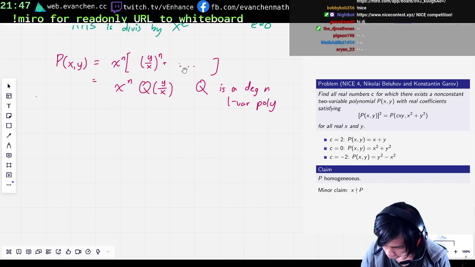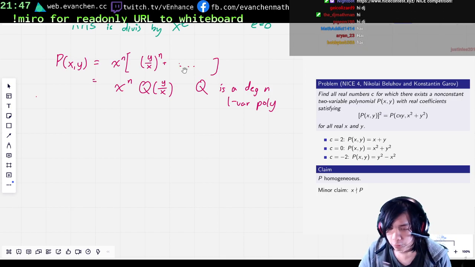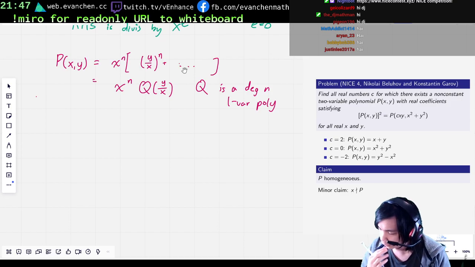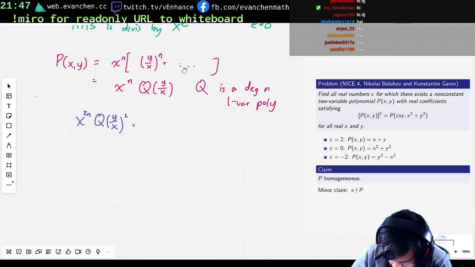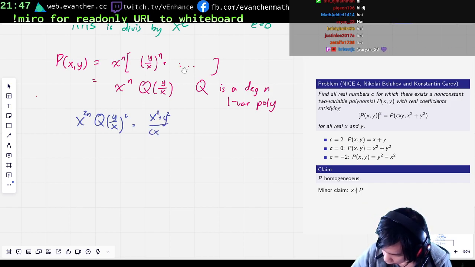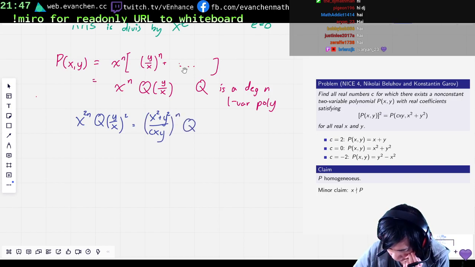Okay, cool. So what can I do with this? Let's go back to the original equation in a little more substantial detail. We have x to the 2n q of y over x, squared, is equal to q of x squared plus y squared over cxy, to the n times q. I'm going to get this wrong.